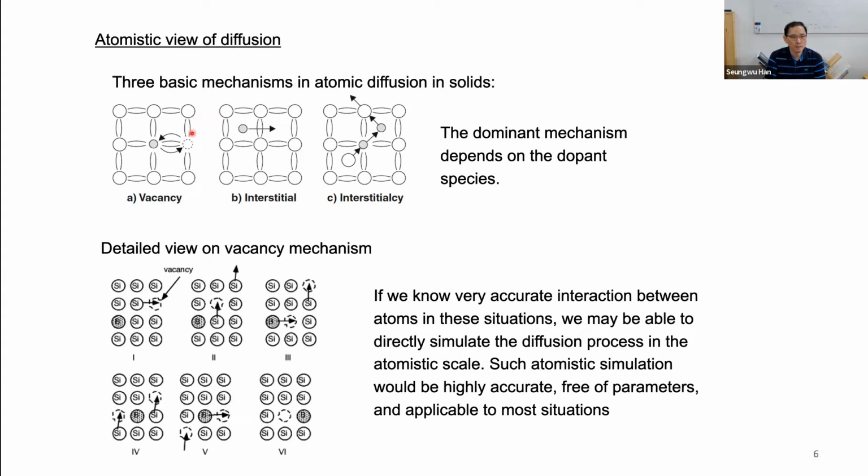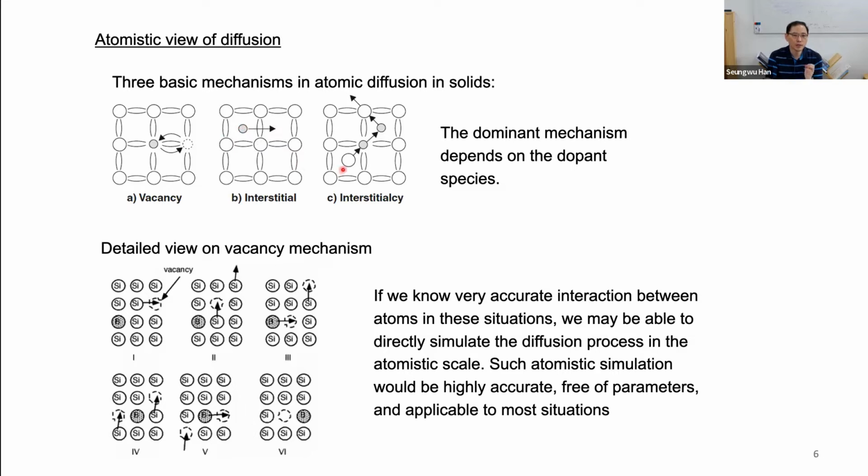Atomistically, there are three mechanisms for atomic diffusion. The first is the vacancy mechanism, the most well known. In this case, the dopant atoms interchange sites with a vacancy, and this vacancy moves around, which effectively gives you the diffusion of the atoms. Also, the interstitial atom directly diffuses through the material.